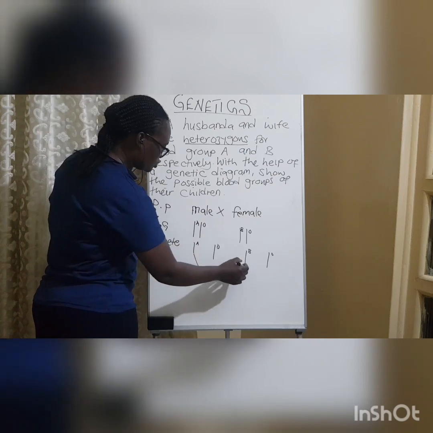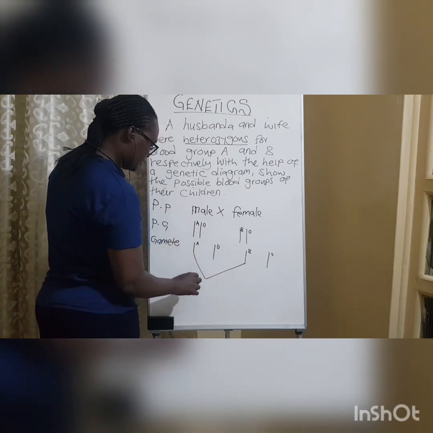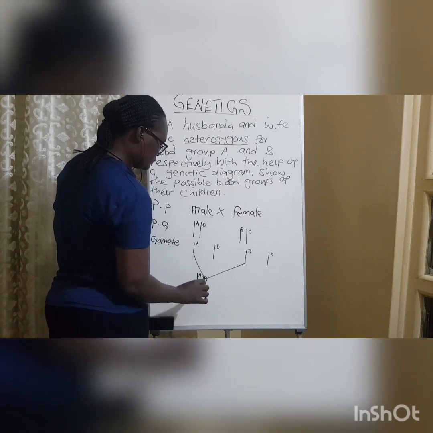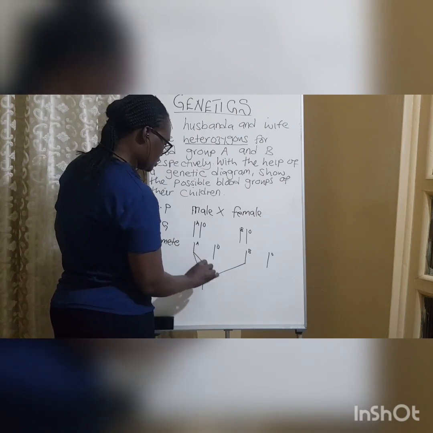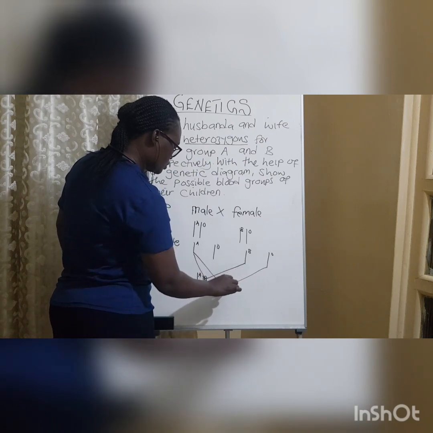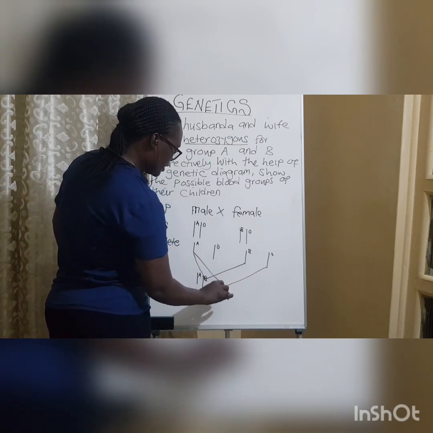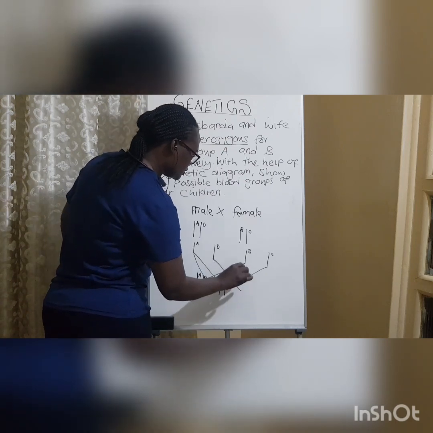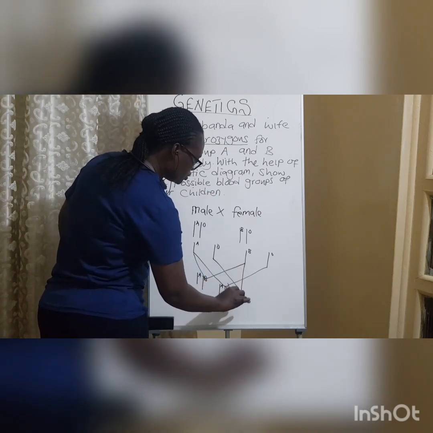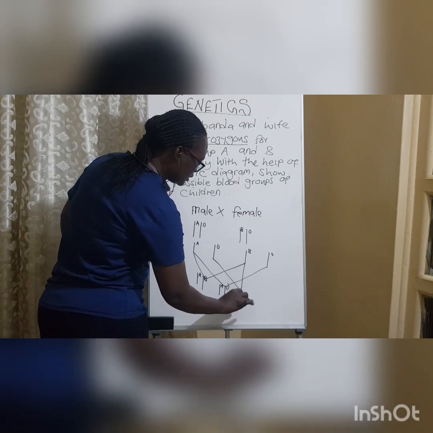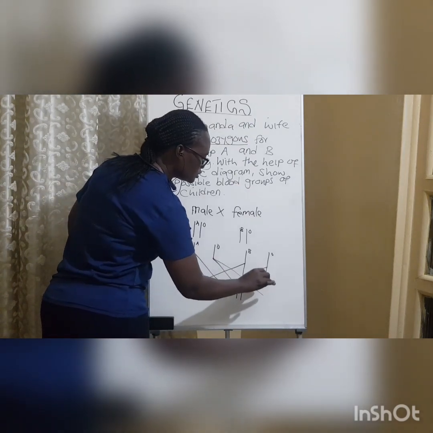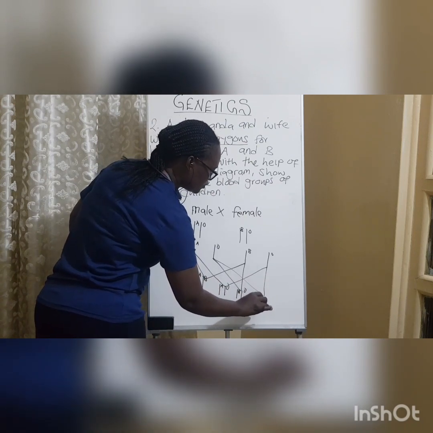So this one goes with that one, we have A and B. This one goes with that one, you have A and O. This one goes with that one, you have a B and an O. This one goes with that one, you have O.